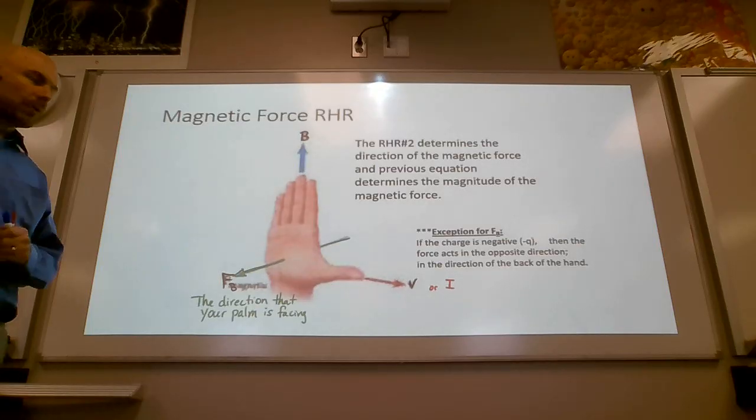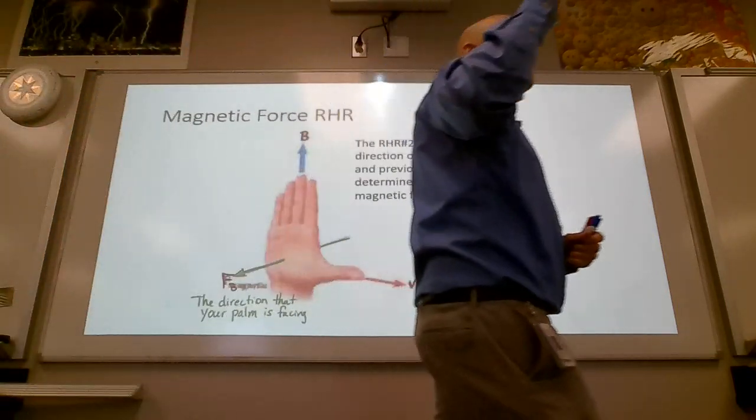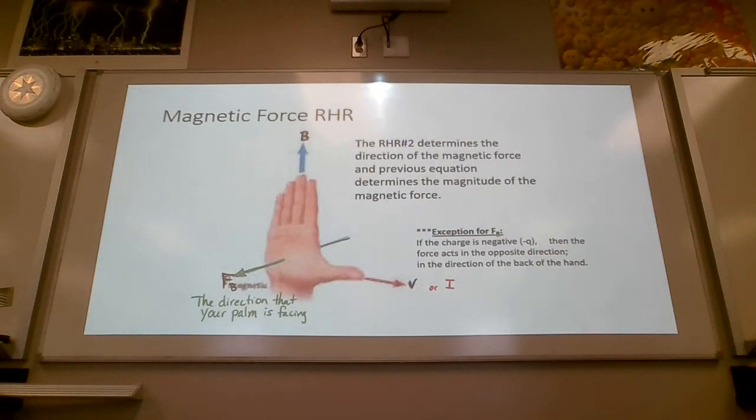How do you know when to use right hand rule number 1 versus right hand rule number 2? The answer is if you have an external magnetic field, some other magnetic field that was not created by the object you're looking at, there will now be two magnetic fields interacting.